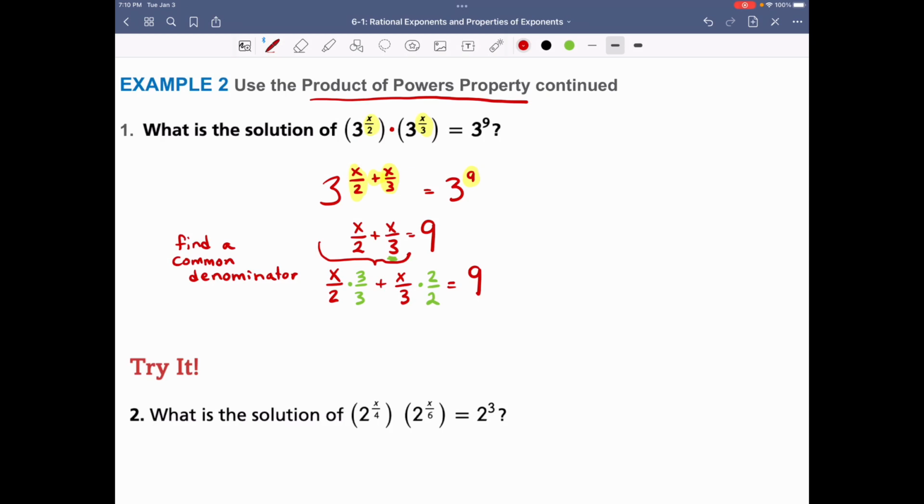All right. From there, we will just simplify it. So we will multiply, and that becomes 3x over 6, and this other one becomes 2x over 6. We add, and that equals 9.